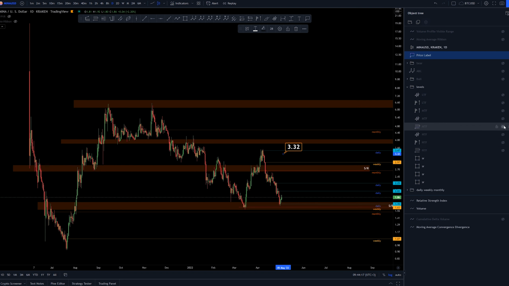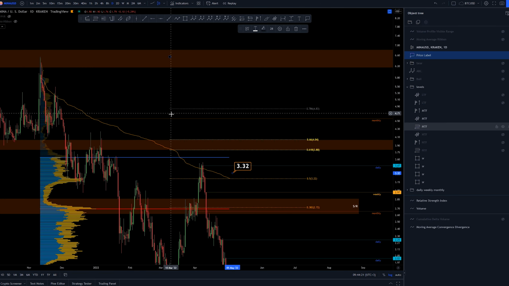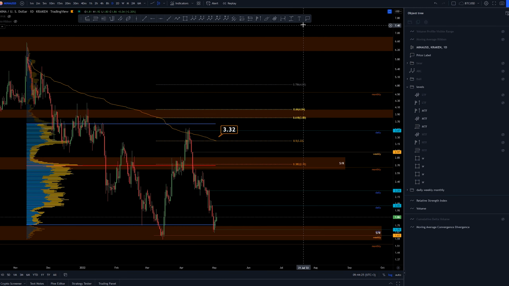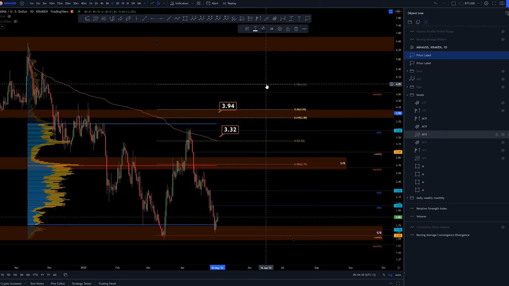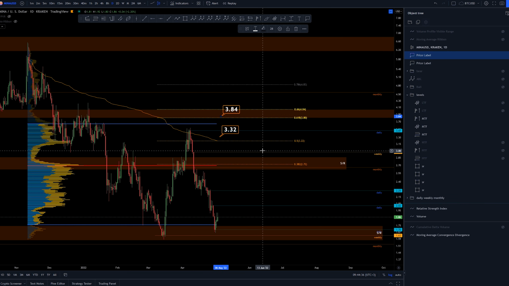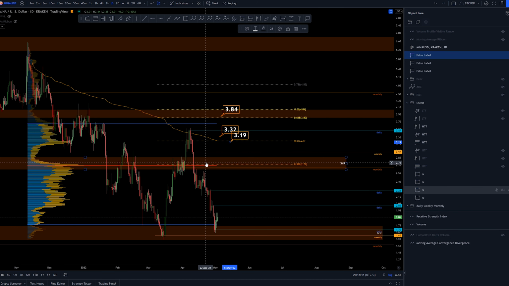On the more medium term time frame, checking out volume profile, we can see some interesting areas again. Just a Fibonacci retracement from the highs to the current lows here. We can see the golden pocket around the $3.80 area. Another nice volume node here around this 0.5 Fibonacci area.